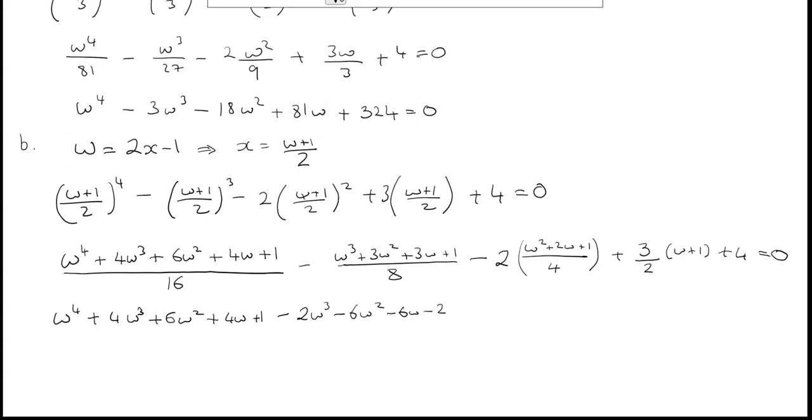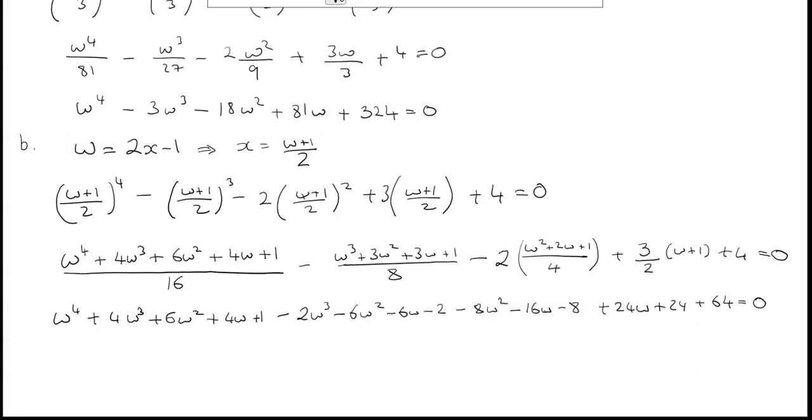And then here it's 2 over 4, which is a half. I'm timesing by 16, so I'm going to times by 8. Half of 16 is 8. And again, there's a minus, so it's minus 8w squared minus 16w minus 8, and plus 3 over 2 times by 16 is 24, so plus 24w plus 24 plus 64, as we had to times that by 16 as well.